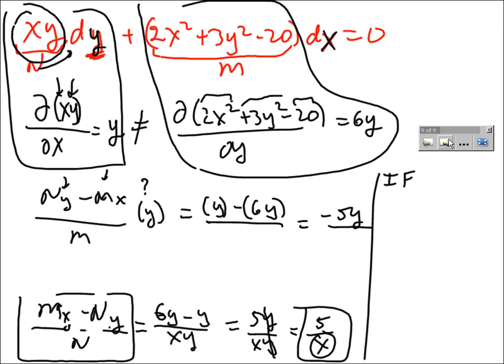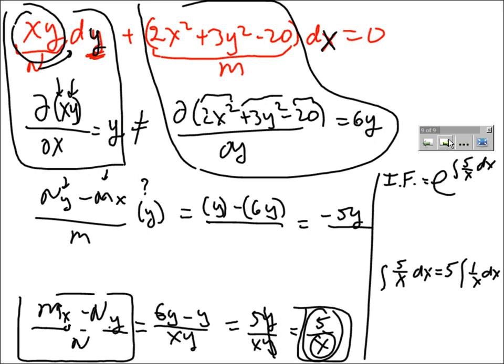The integrating factor is going to be e to that integral. E to the integral of 5 over x dx. So the integral of 5 over x dx, I can pull out the 5, and I just have the integral of 1 over x dx, or dx over x. In either case, it's ln of x, which is ln of x to the 5th.